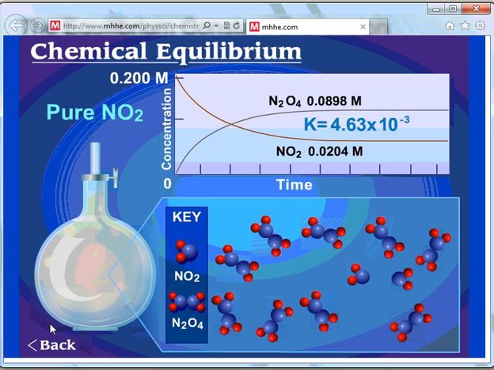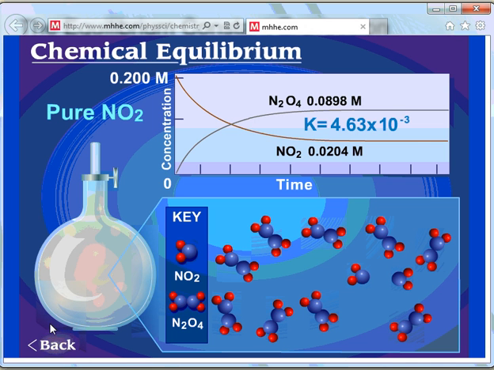Looking at our balanced equation, though, the NO2 should be increasing by twice that, right? Because it's a 2-to-1 ratio in the balanced equation. So if we multiply this by 2, we should get an answer pretty close to 0.0204.